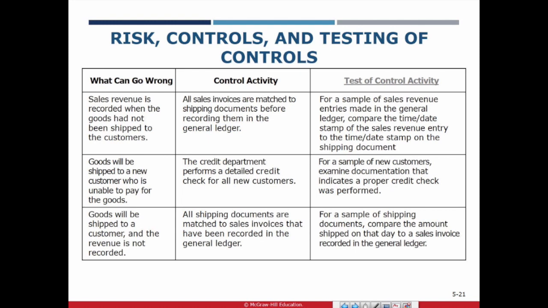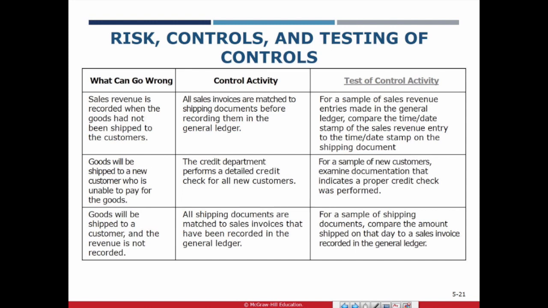So management's assertion is that the customers we have done business with are able to pay, right? Because we have this control in place. The credit department performs a detailed credit check for all new customers. So that control would prevent, or at least detect, but it should actually prevent, goods being shipped to a customer that's unable to pay, because you would only add or ship to credit-worthy customers.